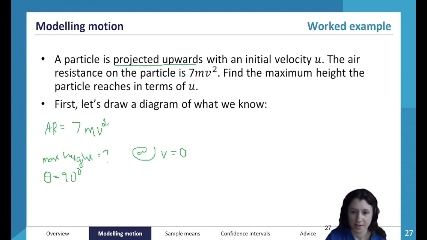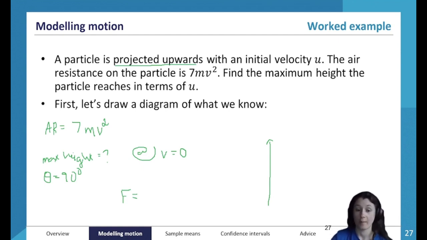So, let's consider now what the net force is. Alright? So the net force on the particle, let's have a think about what it is. If we have the particle being thrown upwards, and then we think about the force also acting on that particle as well.